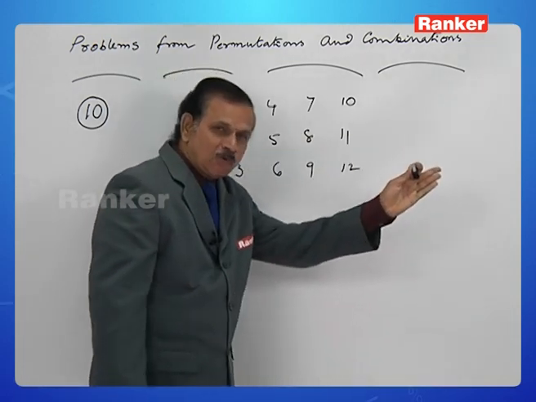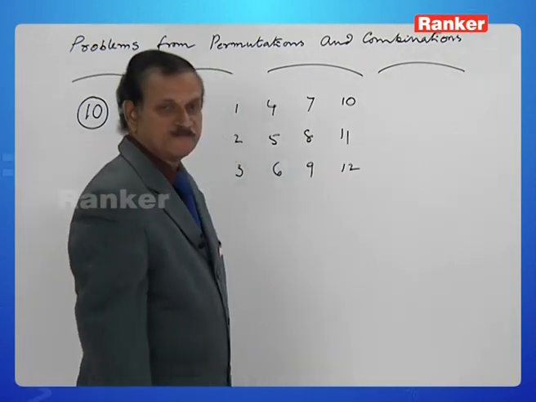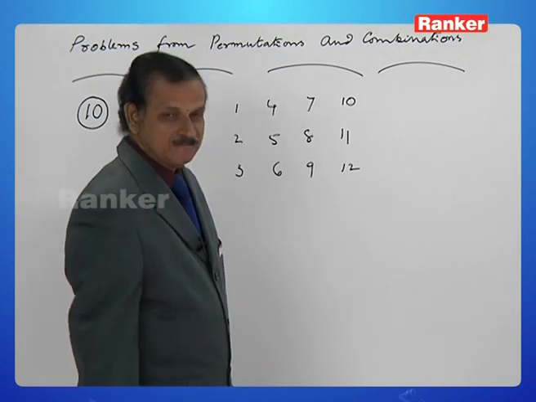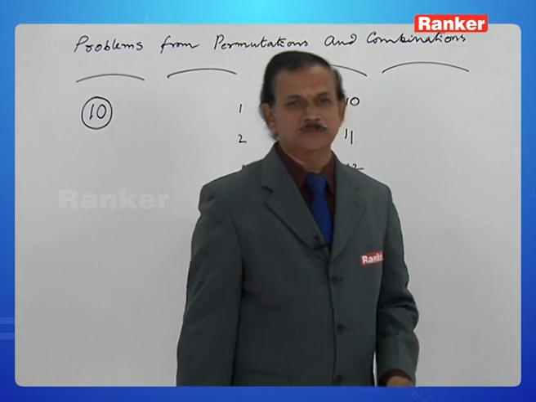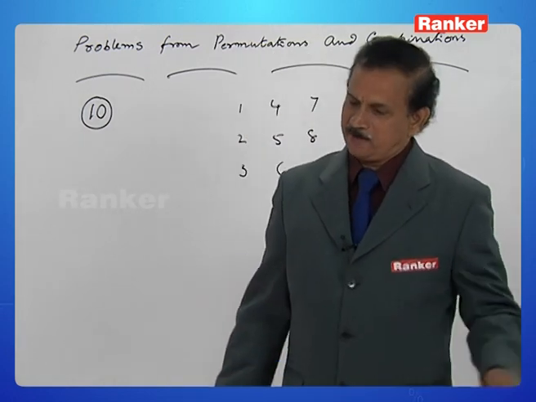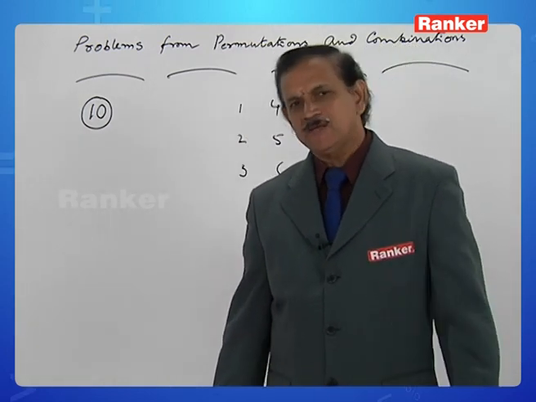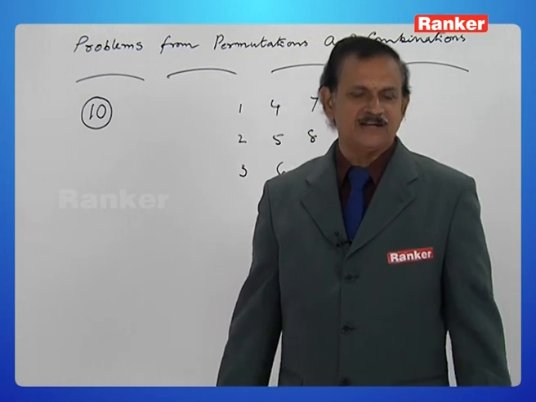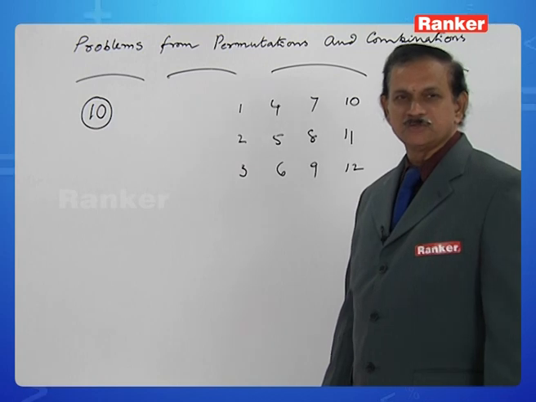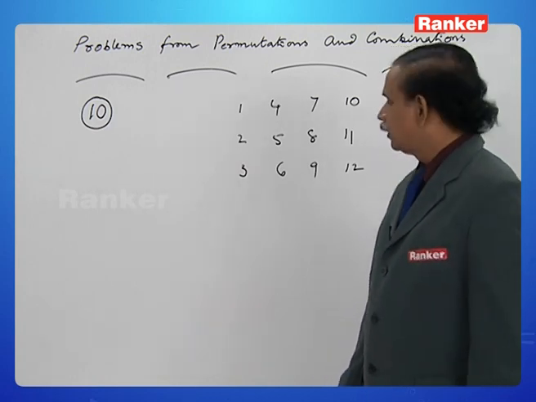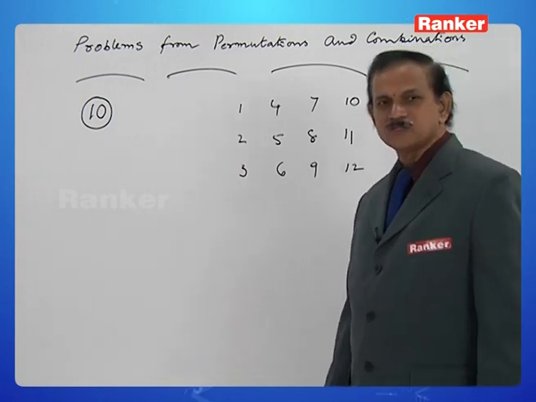Observe the second row of numbers: 2, 5, 8, 11, 14 and so on. What is the character of those numbers? Every number in that row leaves a remainder 2 when divided by 3. And similarly, what is the character of the numbers listed in the third row? 3, 6, 9, 12 and so on.